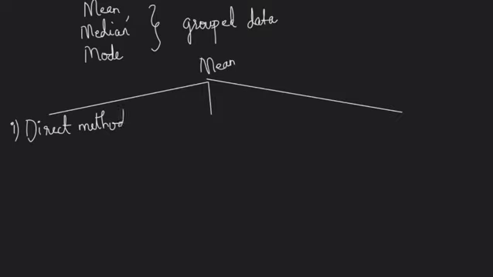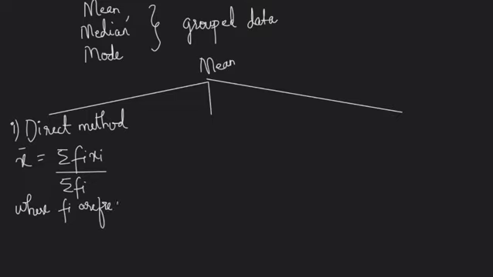The formula used in the direct method is x bar equals sigma fi xi divided by sigma fi, where fi are the frequencies and xi are the mid values of the class intervals.